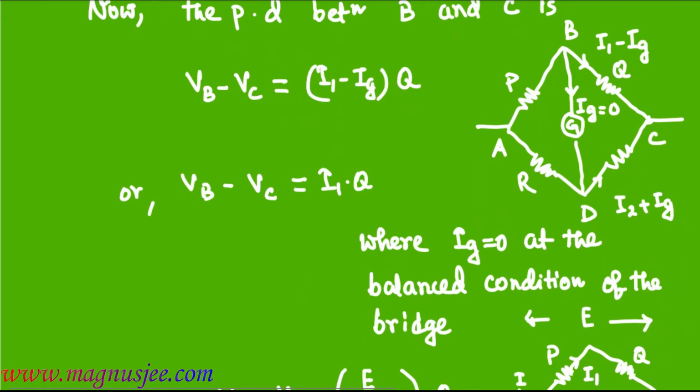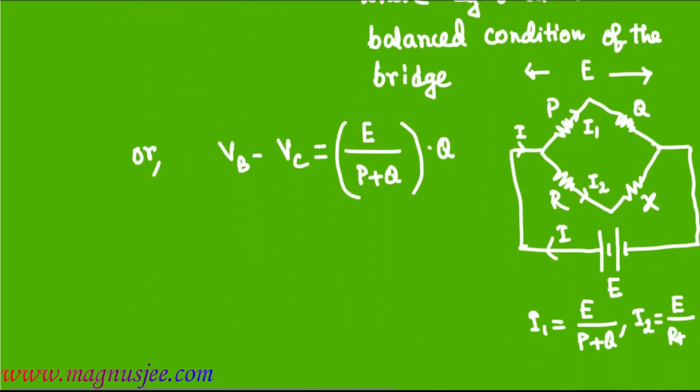It should be X, not S. Correction is made. So I2 equal to E divided by R plus X. Current equal voltage divided by total resistance.